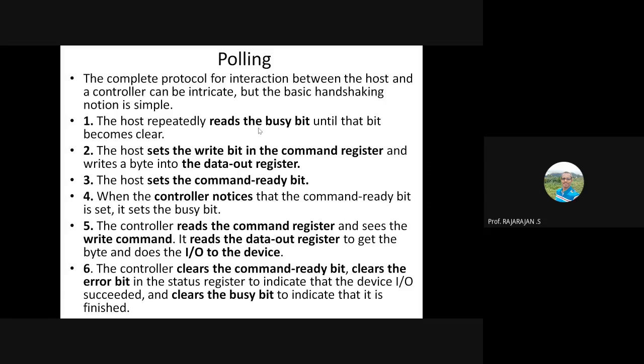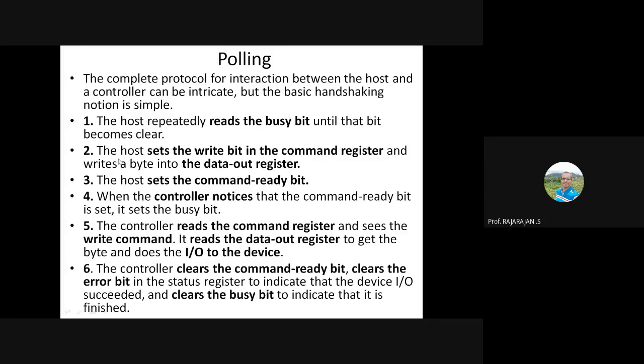So if, for example, a device wants to transfer some data, it has to first determine whether it's free to access. That is step one. So the host has to determine whether it's busy or not. So it will check the busy bit. If the busy bit is set, it indicates that that particular controller is busy with some other device's data transfer, and so it's not available right now.